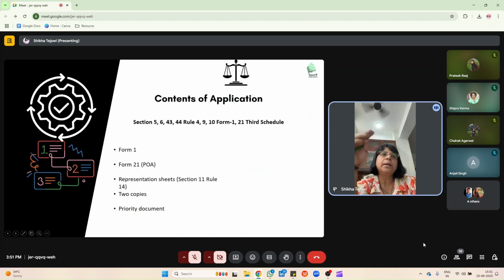Now, what should be the contents of the application? As I told you, a design application is very simple. I will show you one real example also, wherein we filed the application and got the certificate. But before that, we'll go through what is needed. First is a simple Form 1, which consists of the name of the applicant, his address, his nationality, then the address for service, which is the patent agent filing on his behalf.